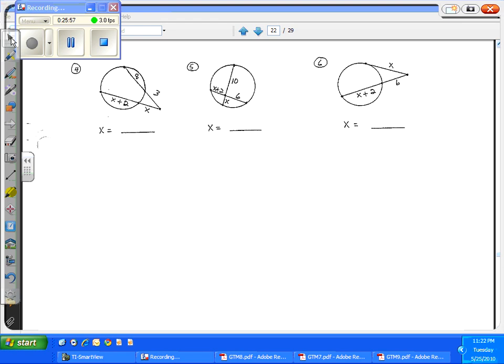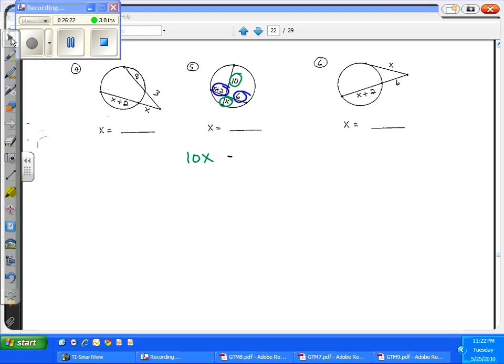What we got on number 5 is two chords that intersect inside of a circle. If two chords intersect inside of a circle, then the product of the segments of one chord is equal to the product of the segments of the other. In other words, piece times piece of one chord equals piece times piece of the other.